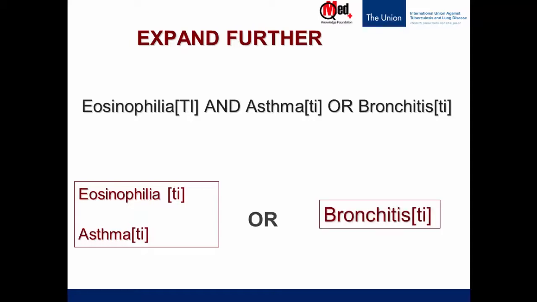Then, when it sees or bronchitis, it makes a separate set of all items with bronchitis in the title, whether they have eosinophilia or asthma or not, and then just combines the two sets and gives it to us as a single set. So we'd get a whole lot of articles where bronchitis is in the title but has nothing to do with either eosinophilia or asthma.